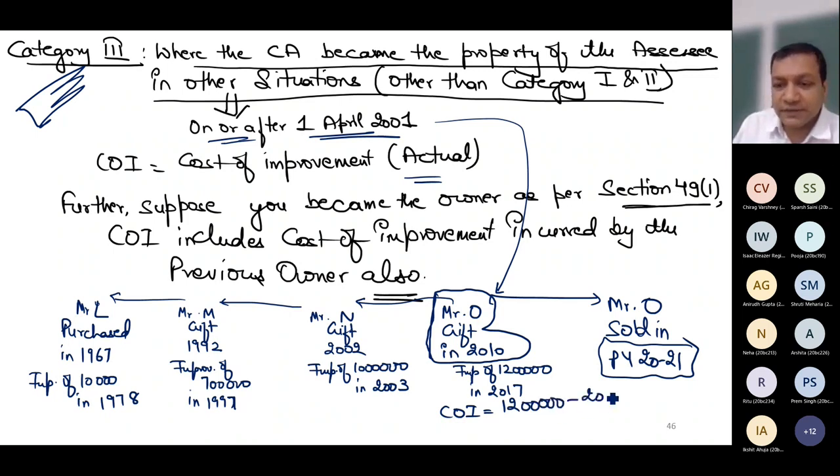incurred in 2017. Then the provision says it includes all the improvements even if incurred by the previous owner. So which other improvement costs have been incurred by the previous owner?